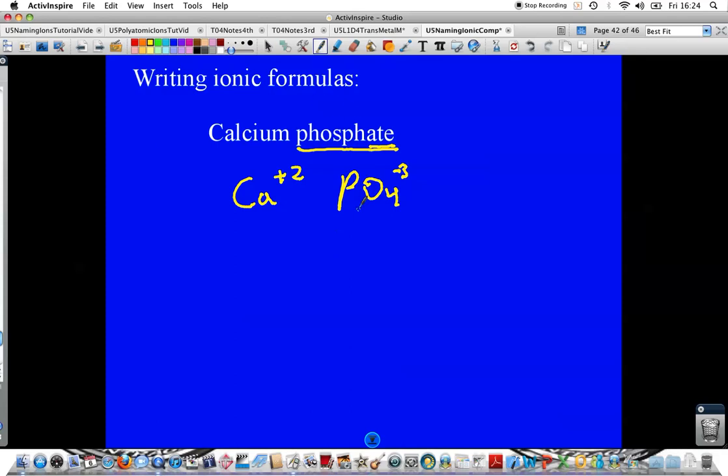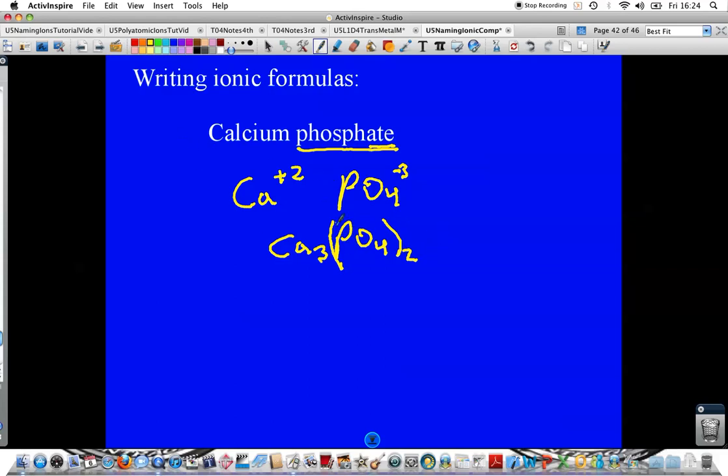So we have to make sure that we keep the PO4 as PO4. And so we can do the crisscross on this one. Bring the 3 down, put it on the Ca, and bring the 2 down and put it on the PO4. But because I need 2 of those PO4s, I have to put that PO4 in parentheses. So I get Ca3, parentheses, PO4, close parentheses, and a 2.